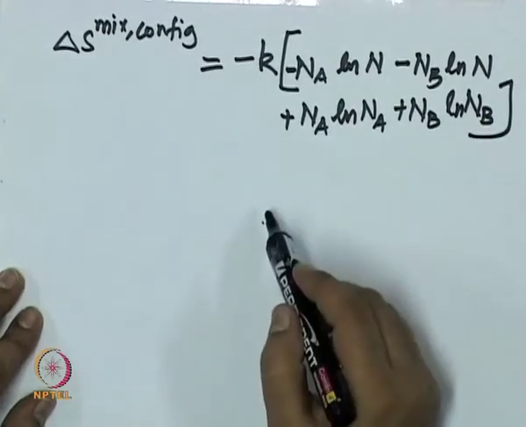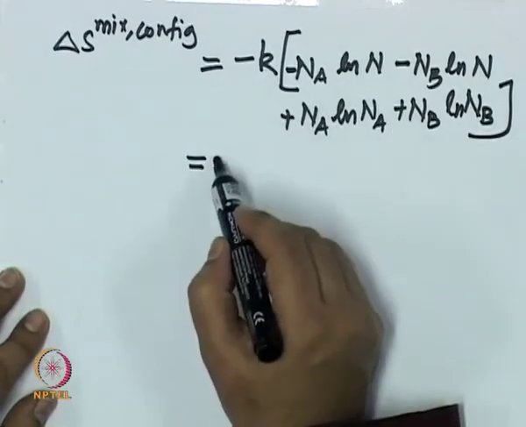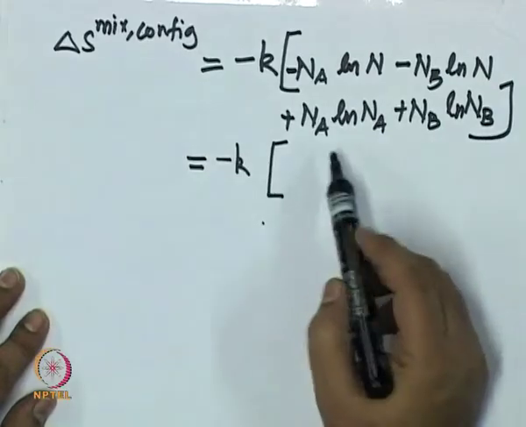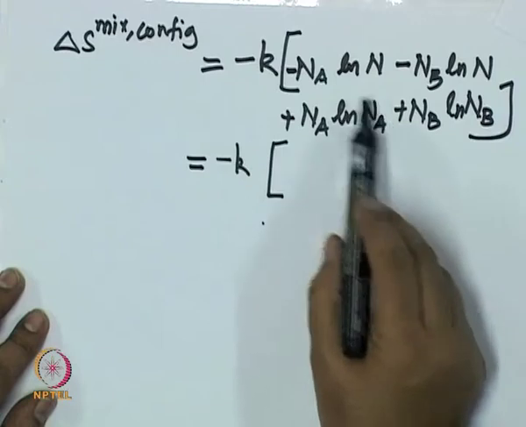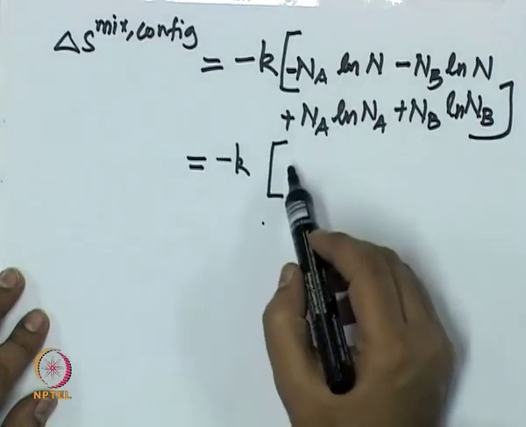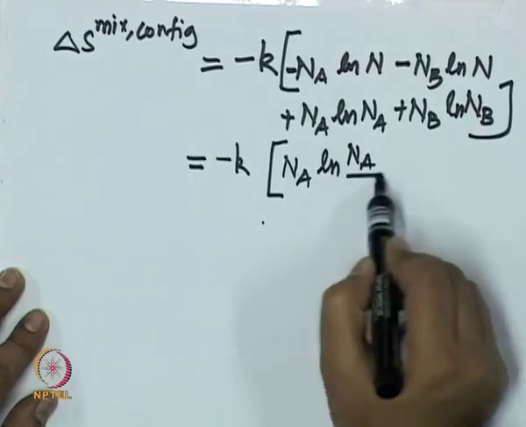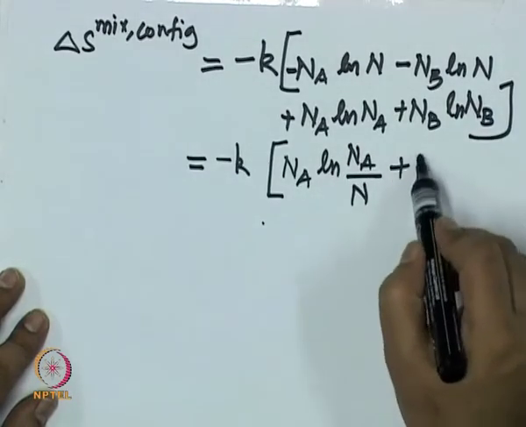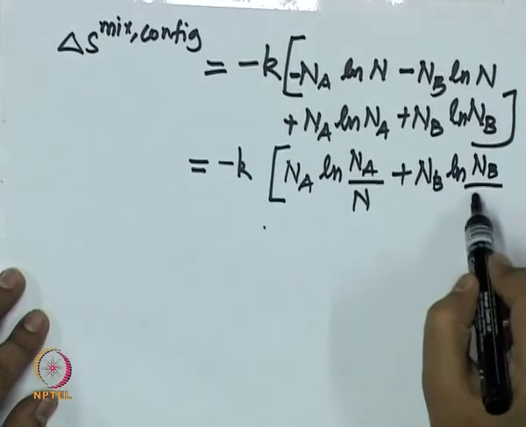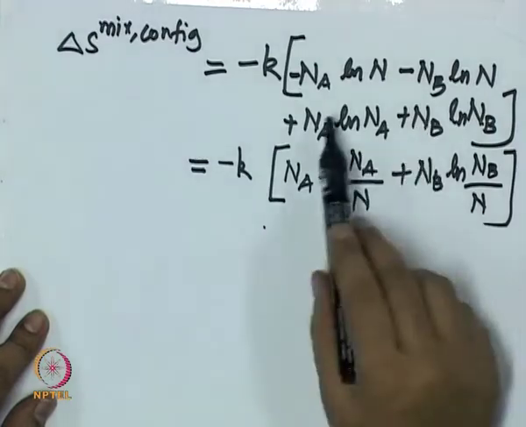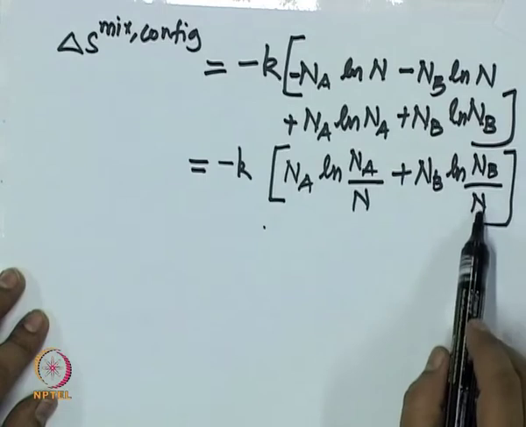So, this is what we have. Now, minus k, Na you can take as common. So, it is log Na minus log n. So, that becomes Na log Na by n, plus Nb in a similar fashion, because Nb you can pull out, it is log Nb minus log n. So, that is nothing but log Nb by n.